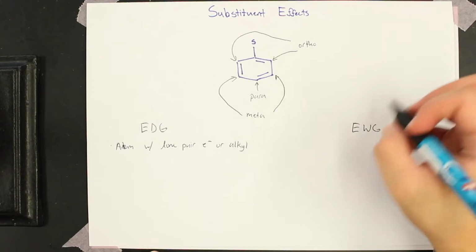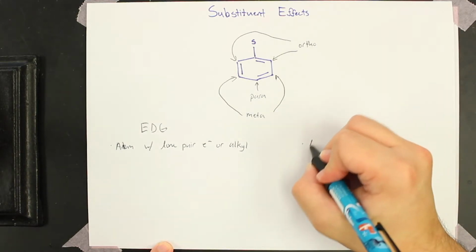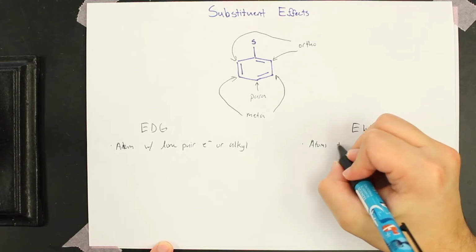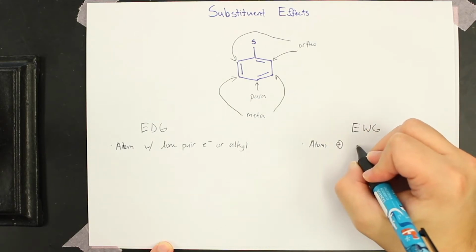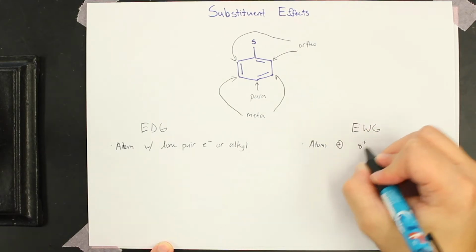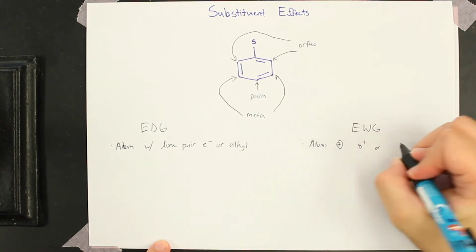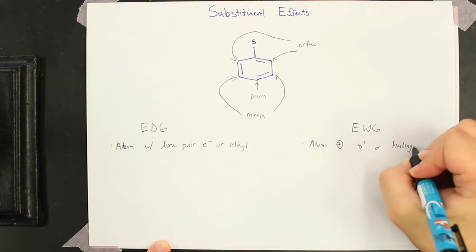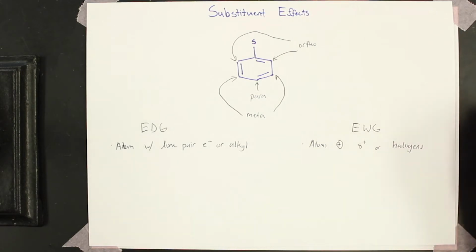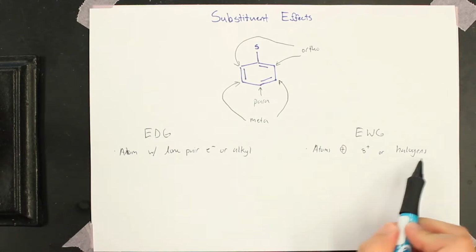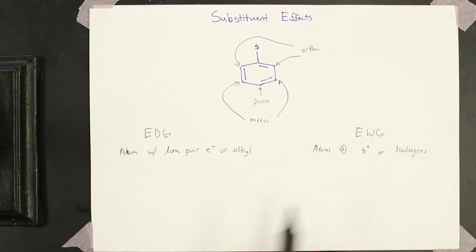Electron withdrawing groups are atoms where the atom connected to the ring has a positive charge or a partial positive charge, delta positive. Or it can be a halogen. Halogens like fluorine, chlorine, or bromine are strongly electronegative. They like to withdraw electron density, and they also count as electron withdrawing groups.